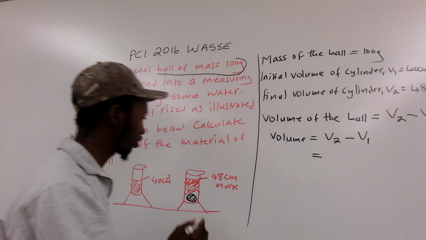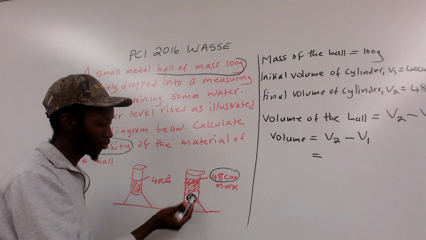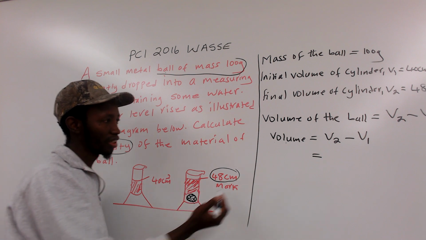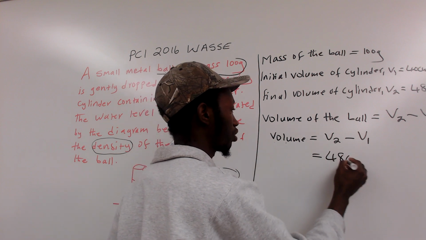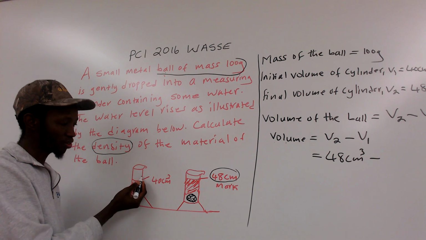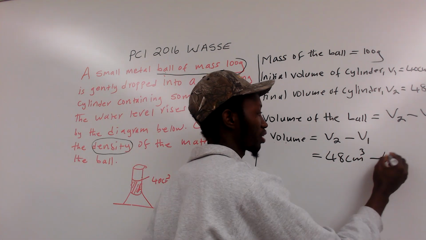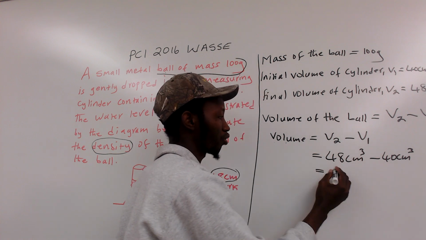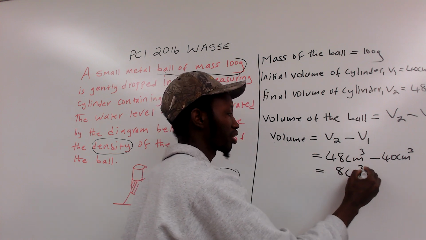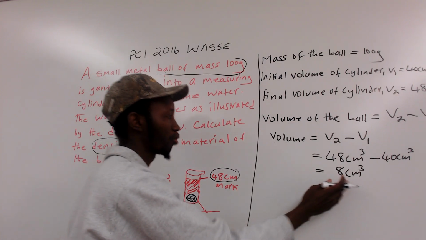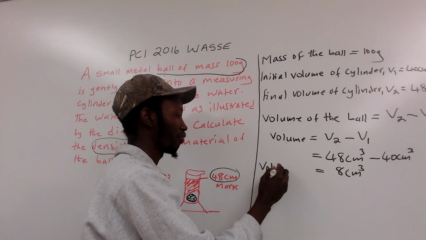But what is V2? V2 is 48, because the volume from this bottom point to this top point is 48 centimeters cube, minus the initial volume from here to here, which is given as 40 centimeters cube. So we subtract 48 minus 40, and this will give us 8 centimeters cube. So this is the volume of the ball.